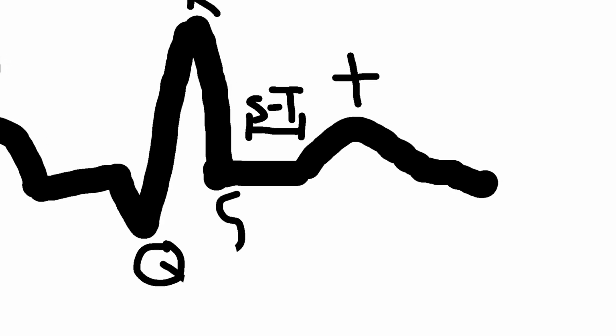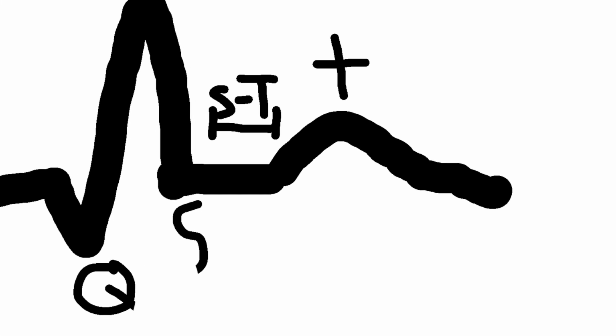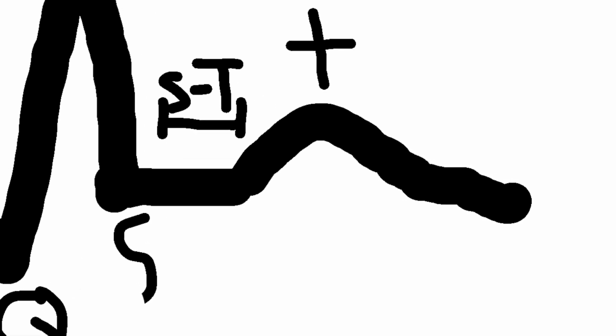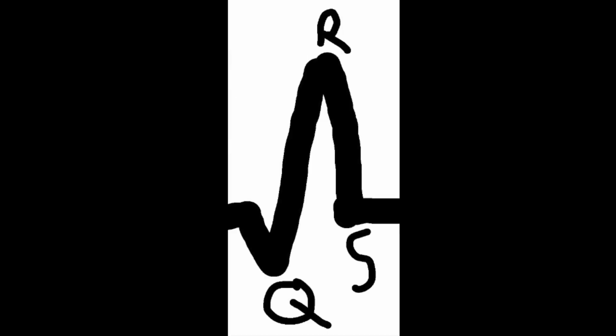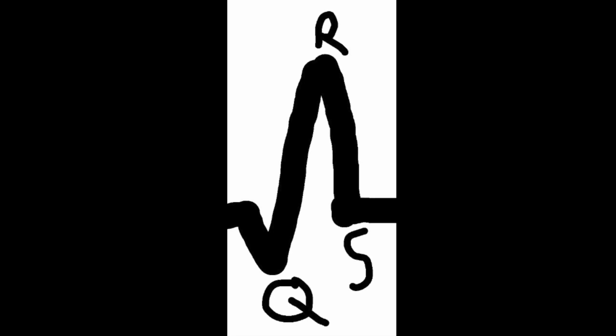This place is also important because this is the ST segment, and we'll show why that is important later. The other important value is how long the QRS complex is, because that will determine if it's narrow or wide, depending on if it is less than or more than 0.12 seconds.